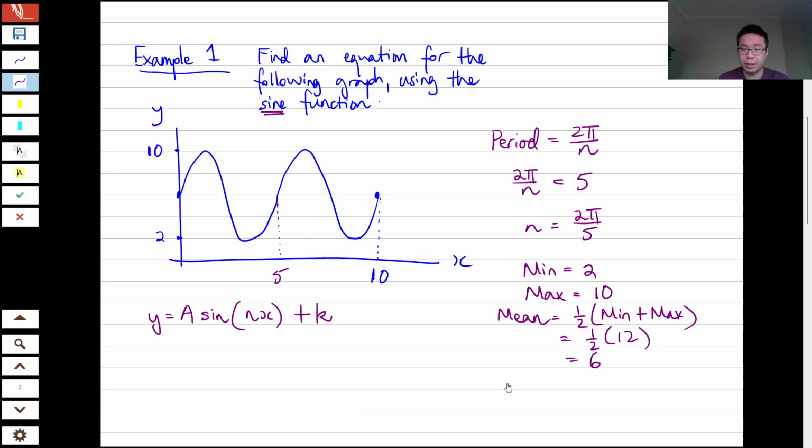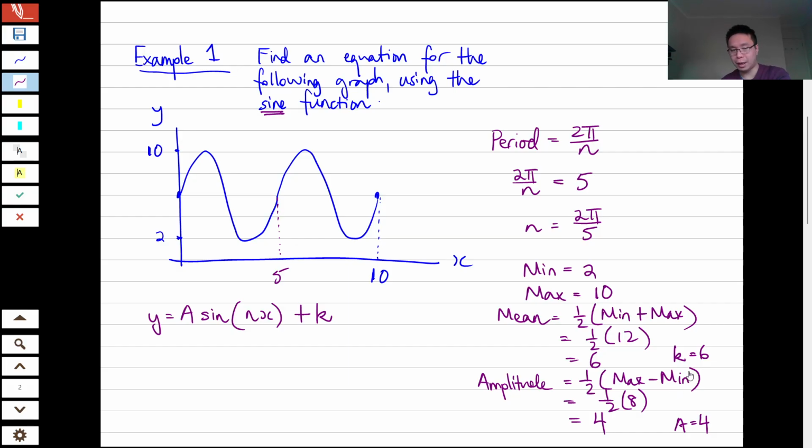And the amplitude is half of the difference between the maximum and the minimum. 10 minus 2 is 8, and half of 8 is 4. So that tells me the mean value is 6. And in this case, the amplitude is 4.